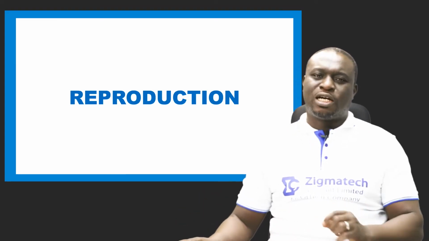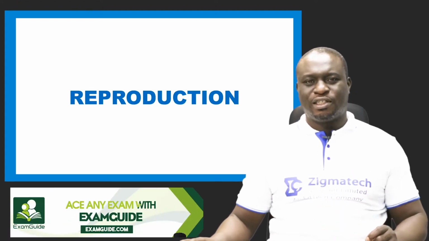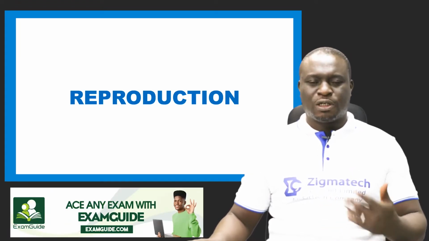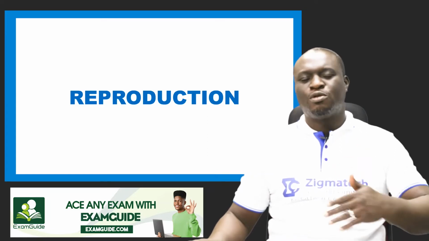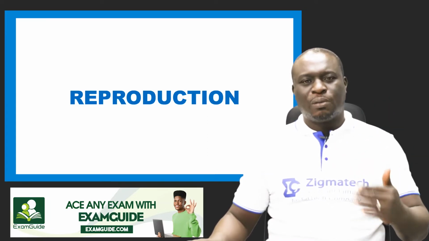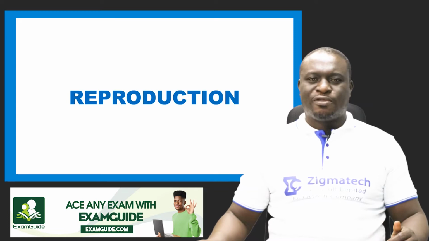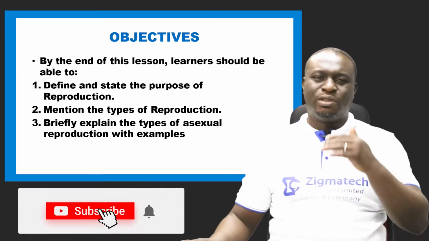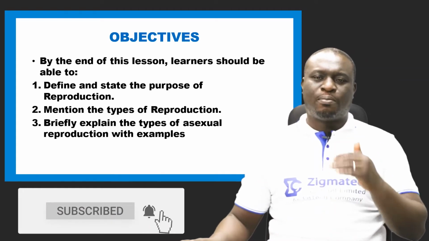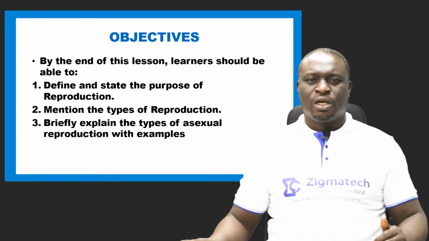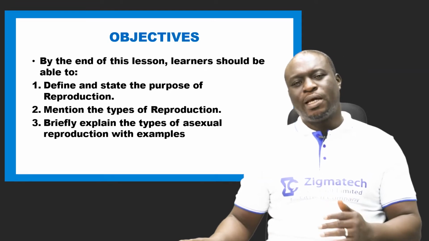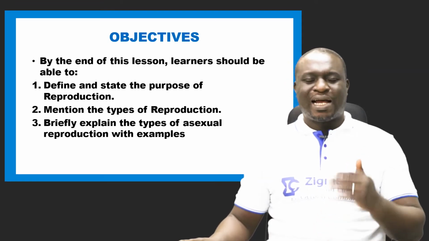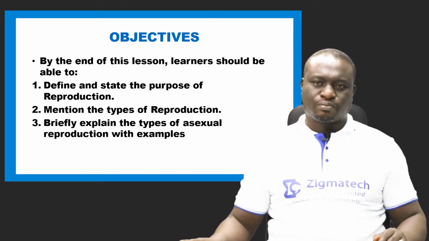At the end of this lesson, you should be able to do some things. Number one, define and state the purpose of reproduction. Number two, mention the types of reproduction.